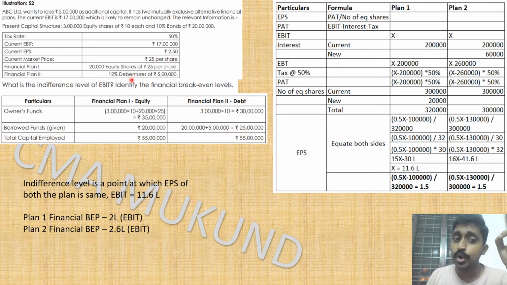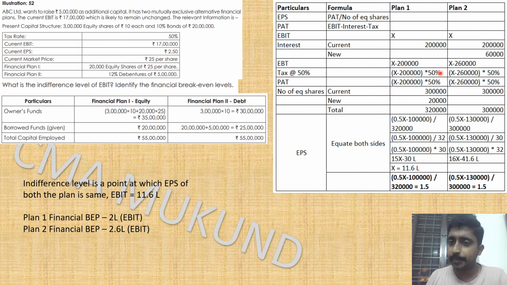So 5 lakh into 12% debenture gives 60,000 additional interest burden. So EBIT minus interest is going to be X minus 2 lakh in the first plan, and in plan 2, X minus 2.6 lakh.